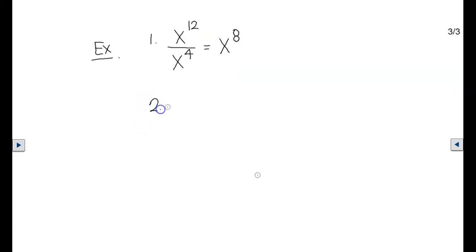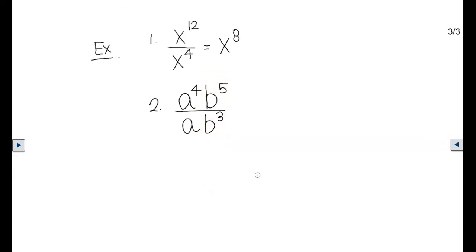And again, what you're going to see here is that they can put as many bases in these problems as they want. So if I had a to the 4th, b to the 5th, divided by a, b to the 3rd, because this is a division problem, I can still use my quotient rule. But I'm going to have to use the quotient rule for the a's, and then also for the b's.